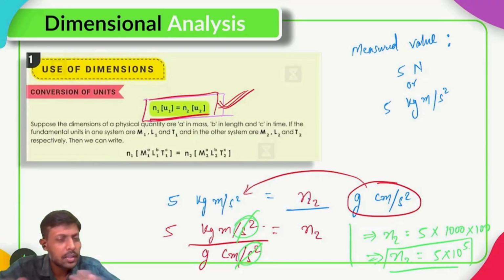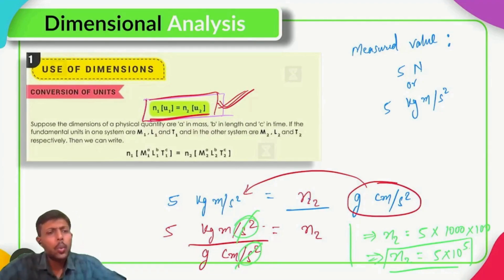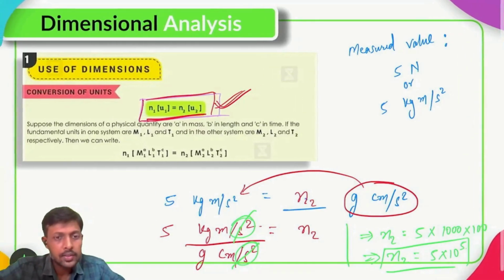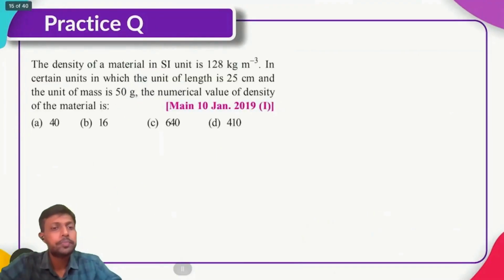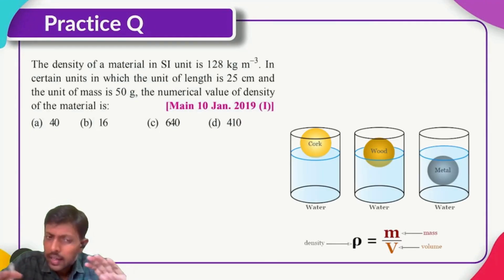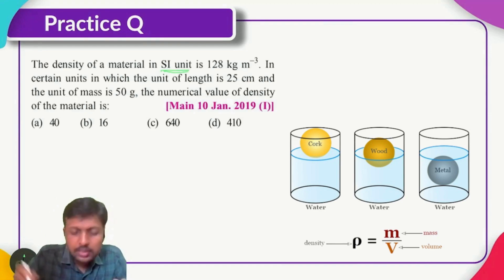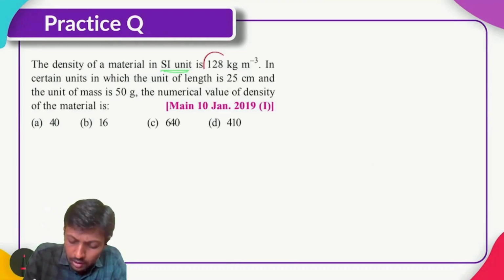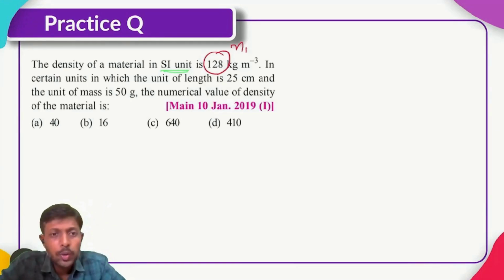So this helps in unit conversion. When we have to deal with hypothetical units which we haven't seen, something like this question which we are going to see now. In this question it says the density of a material in SI unit. So this is our first system of units. The density of the material in this SI unit is given. So N1 is known to us.